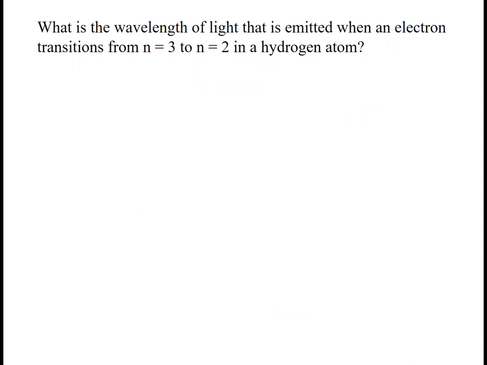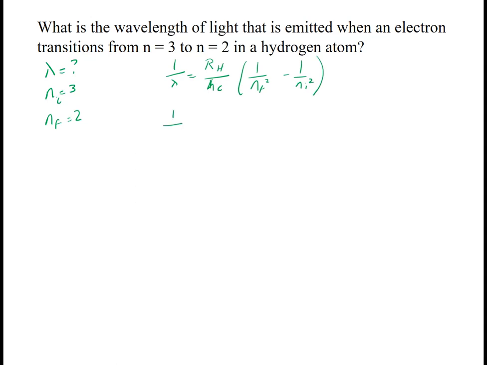So the first problem says, what is the wavelength? Wavelength is lambda. When an electron goes from n equal to 3, so that's initial because it's from, to n equal to 2, so that's final. The equation is 1 over lambda is R sub h over hc times 1 over n final squared minus 1 over n initial squared.